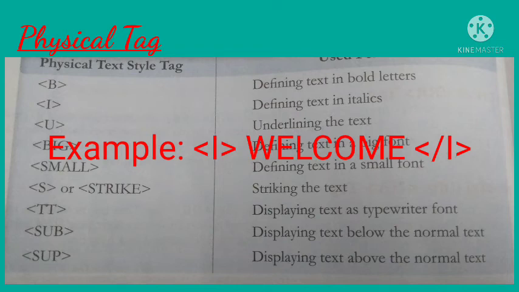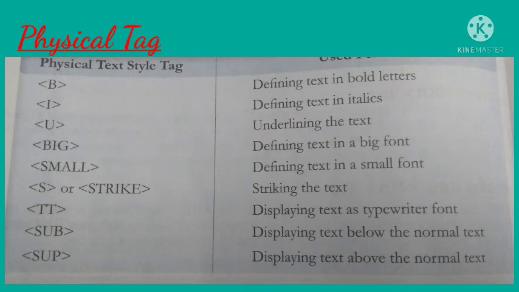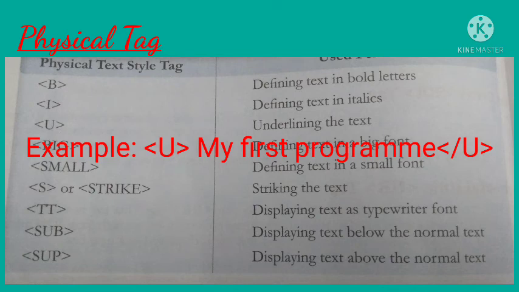Example: opening I tag, welcome, closing I tag. The third tag is the U or underline tag. This tag underlines the text enclosed within the opening U tag and the closing U tag. Example: opening U tag, my first program, closing U tag.